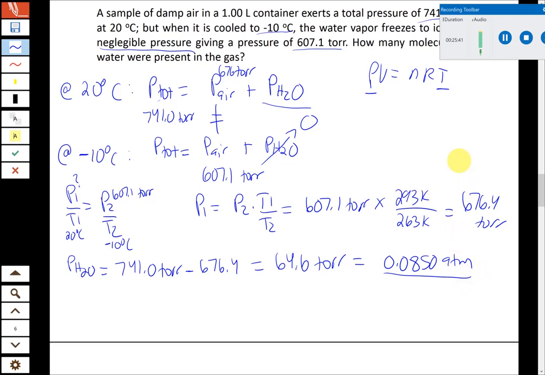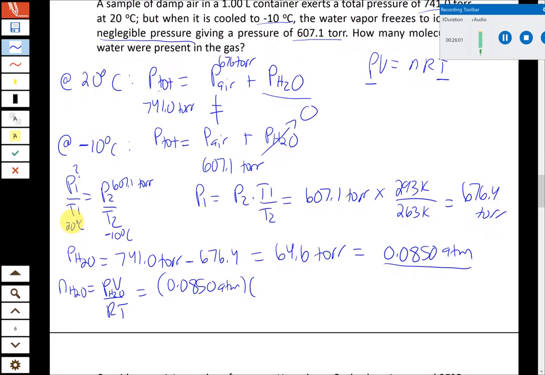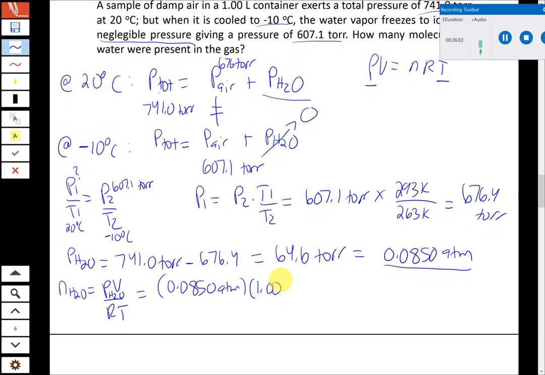Now that we have it, we can find the number of moles of water by just doing PV over RT for water. We just found that the pressure of the water vapor is 0.085. The volume of the whole thing is 1 liter. And remember, both gases will occupy the full volume, so we don't use different volumes for each one. It's just the total volume.